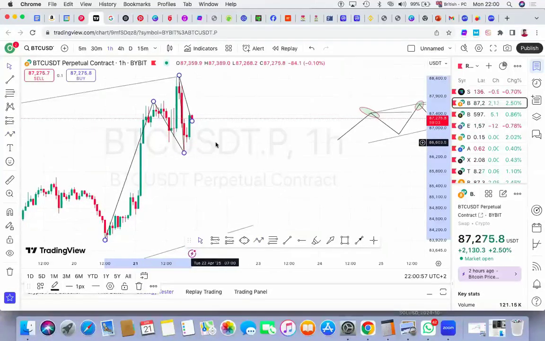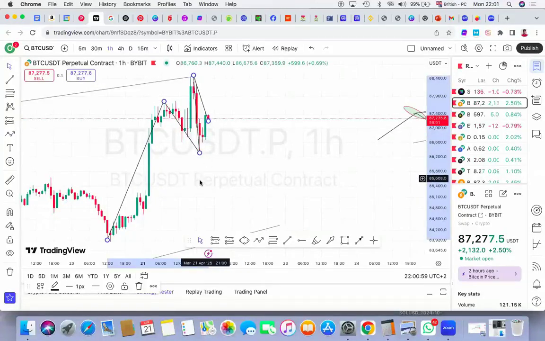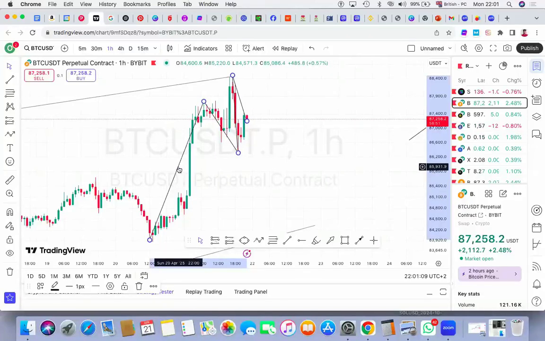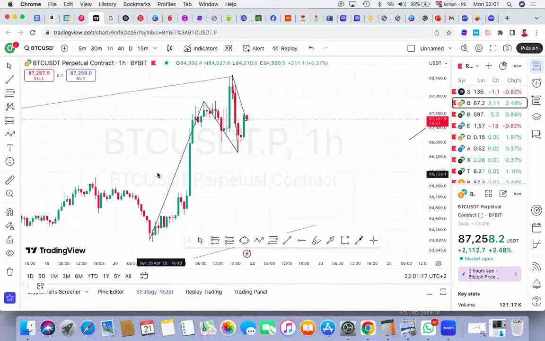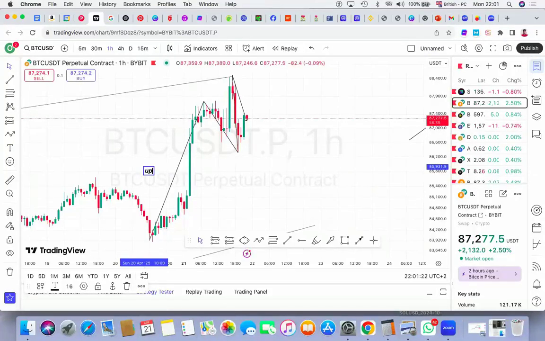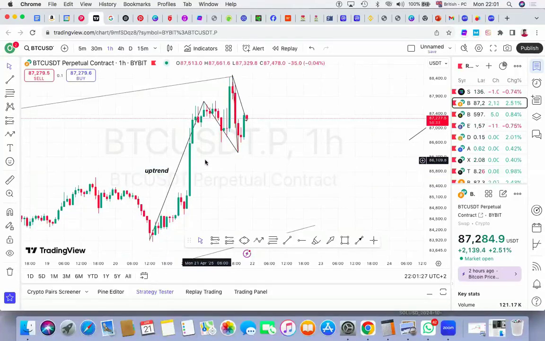So now, where do we say price breaks the structure here? We were having an uptrend here. There was an uptrend here, and all of a sudden we see a pullback.